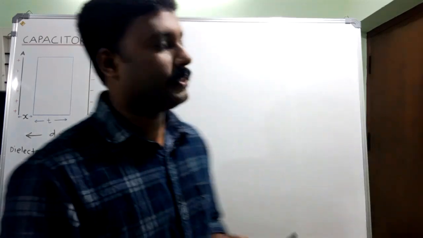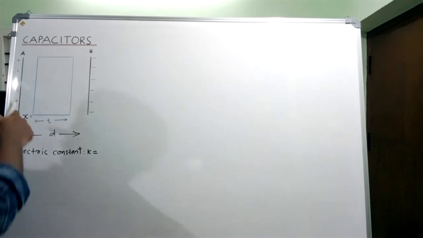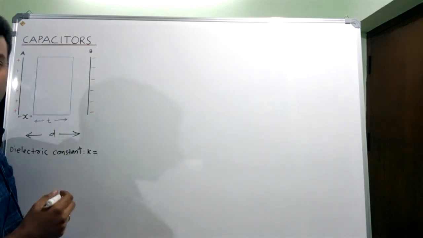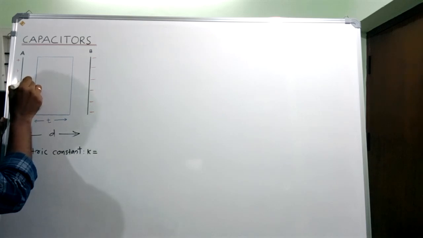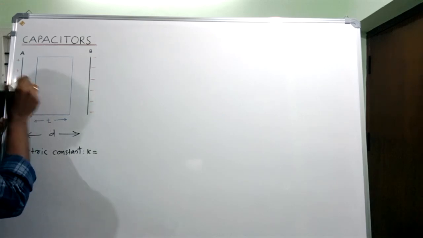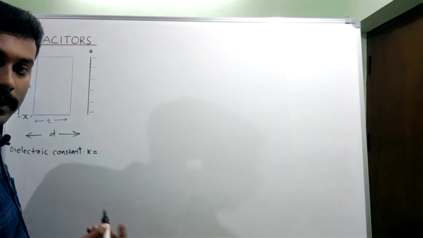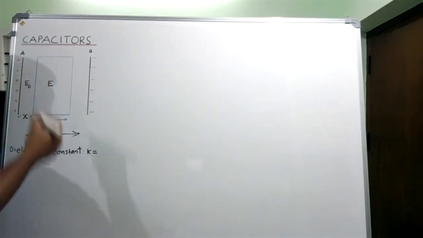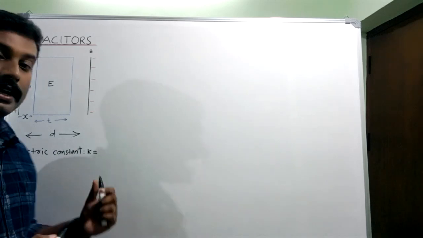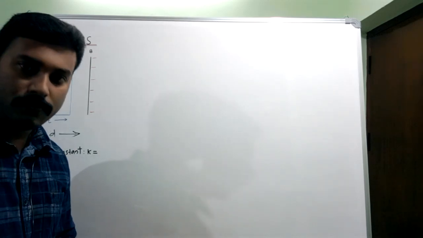So here you can see when we have charged these plates as positive and negative, an electric field is developed between these plates. Let the electric field be E0, and the induced electric field inside the dielectric be capital E. Then we know the dielectric constant in terms of these electric fields.